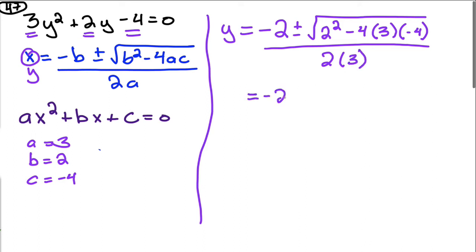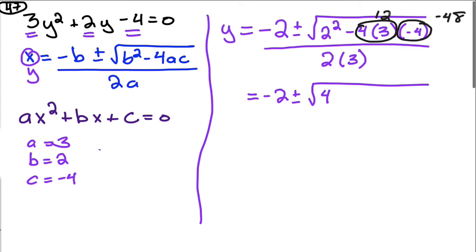Okay, so now if we simplify this a little bit, we get negative 2 plus or minus. Now you have to be a little bit careful here. So 2 squared is 4. And then I'm going to multiply these three numbers. So I have minus 4 times 3, so that equals 12. And if you multiply 12 times negative 4, that's negative 48.